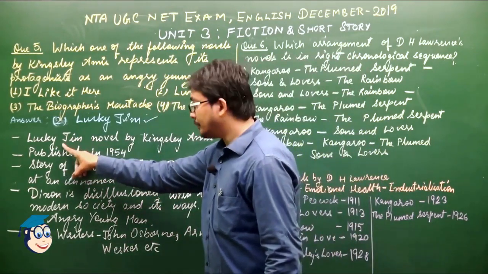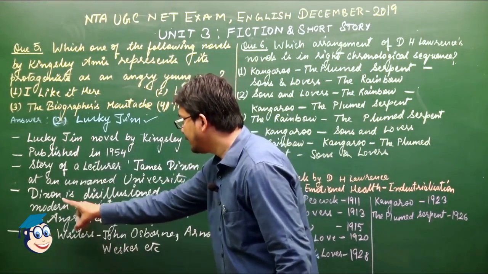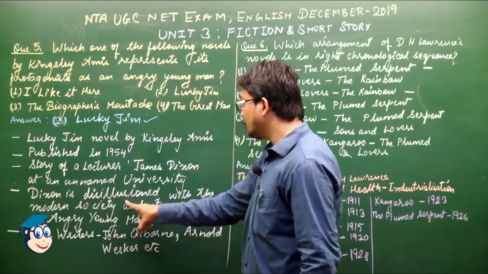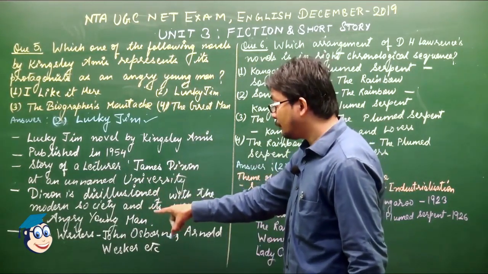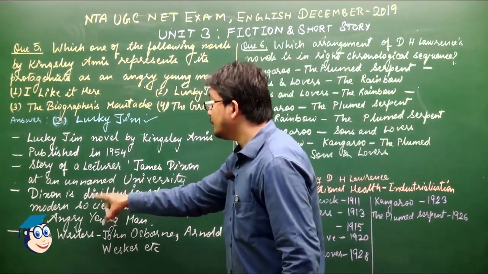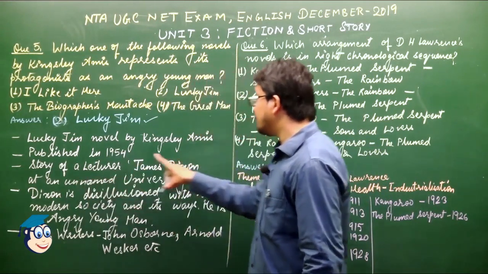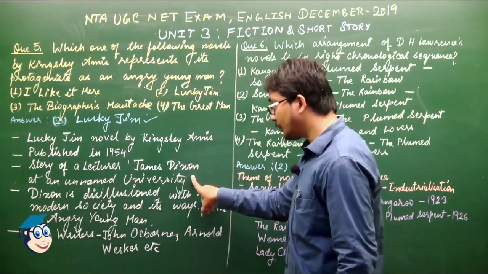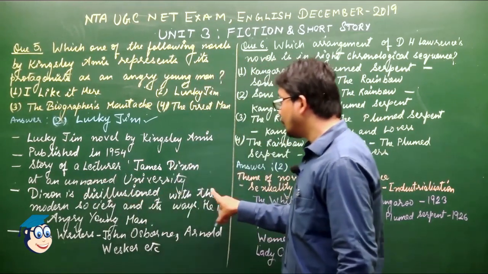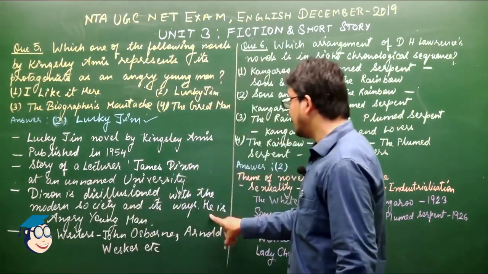The reason for the answer should begin from here. Dixon is disillusioned in this novel, who is the prime character. In fact, the novel is about a lecturer, James Dixon, who is working at an unnamed university, and he is disillusioned with modern society and its ways.